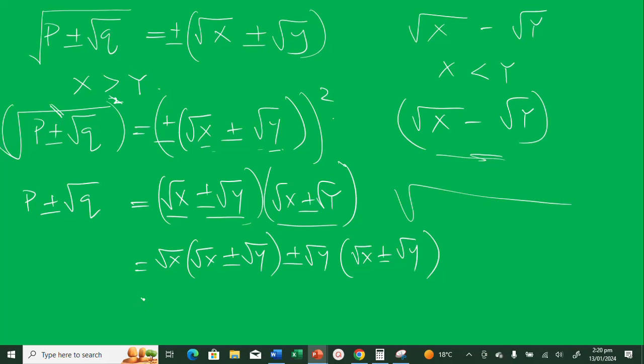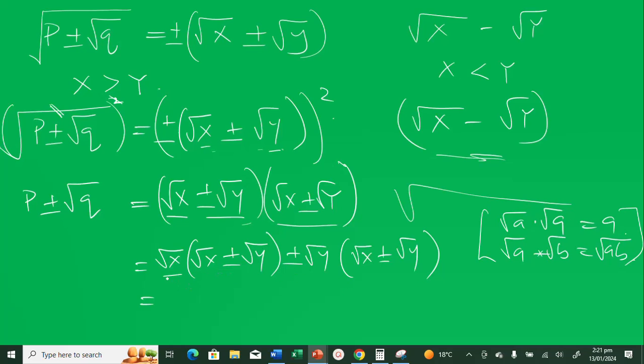Now let's open the bracket. We're going to use the surd rules: the square root of a times the square root of a is equal to a, and the square root of a times the square root of b is equal to the square root of ab. We apply these rules to open up this bracket.